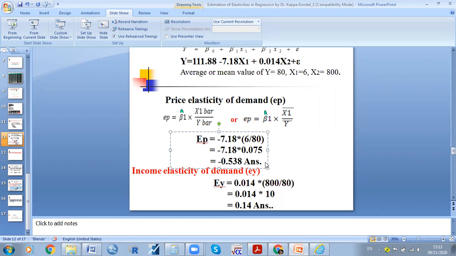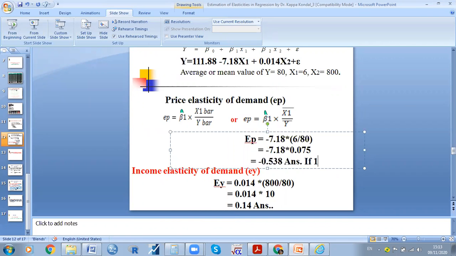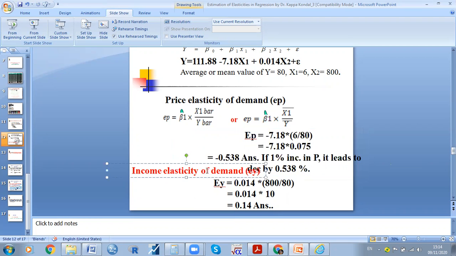It means that if there is a 1% increase in price, it leads to a decrease in demand by 0.538%. That is the meaning of elasticities.